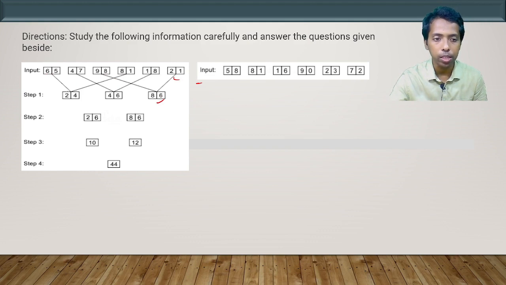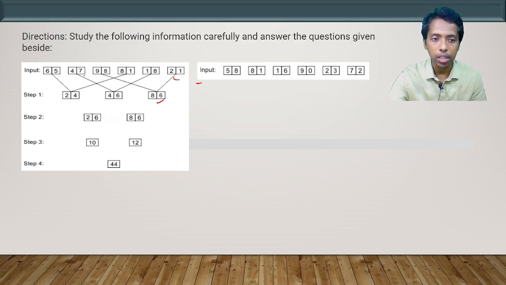We can take individual digits from this value. 6 and 8, difference is 2. 5 and 1, difference is 4. So we may understand that it is the difference of the first digits and the difference of the second digits, but we will not stop here. Just to confirm whether it's correct or not, we will move further.